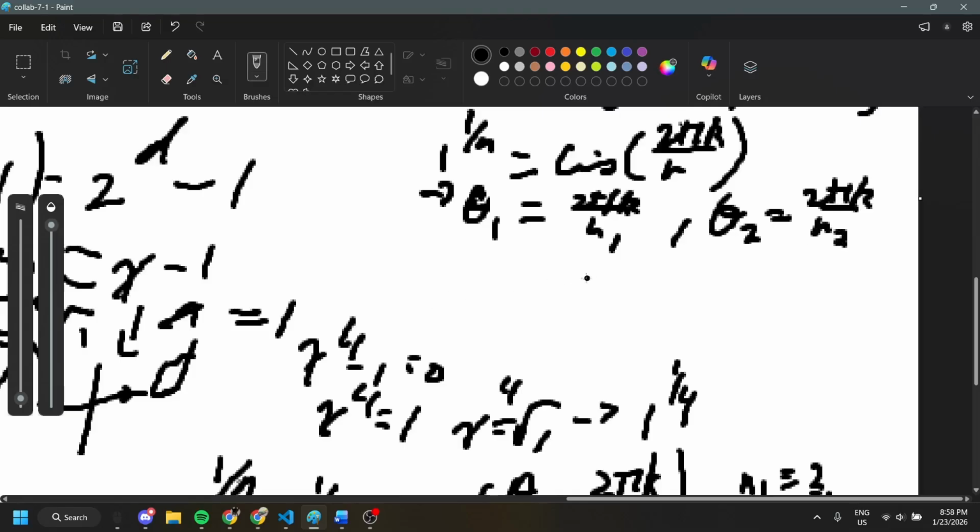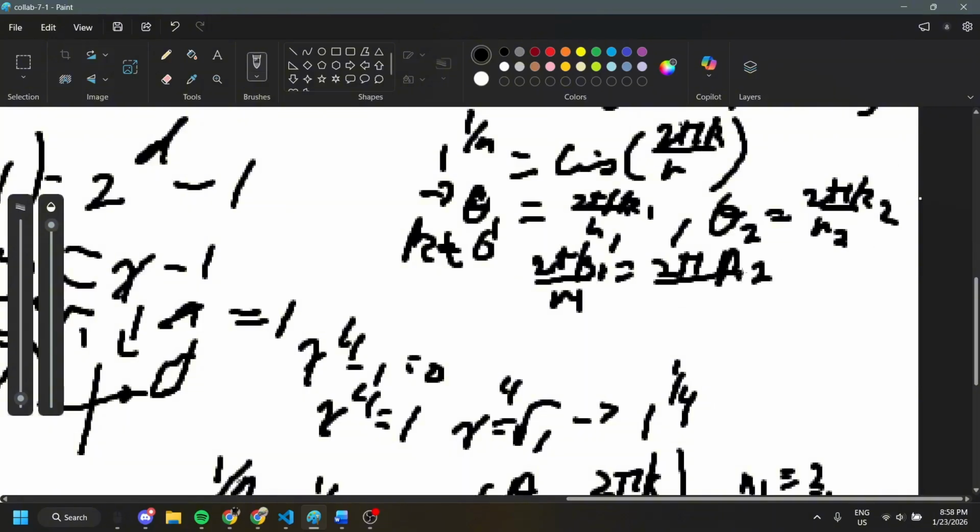So for this equality to be true, when k does not equal 0, we have to have 2 pi k1 over n1 be equal to 2 pi k2 over n2.